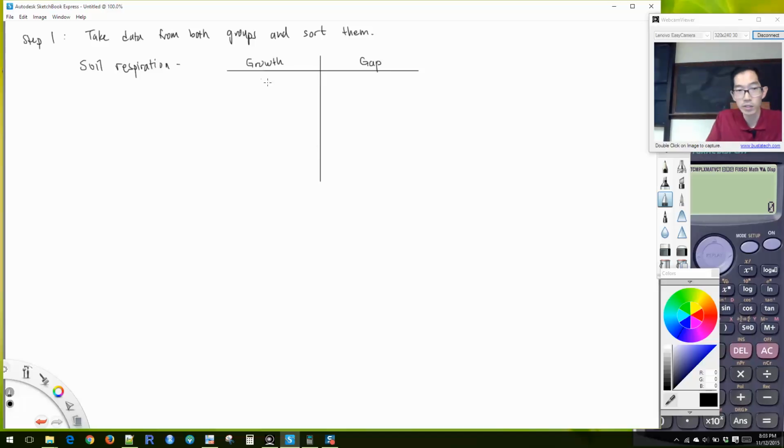In the growth area, we have 17, this is moles of carbon dioxide, and then we have 20, 22, 64, 170, 190, and 315.